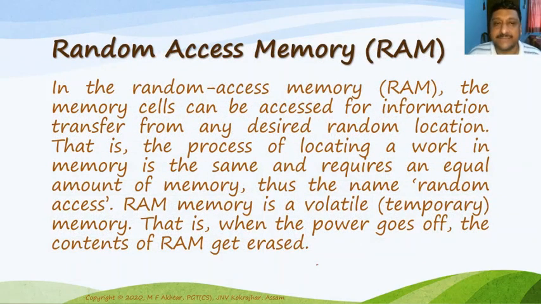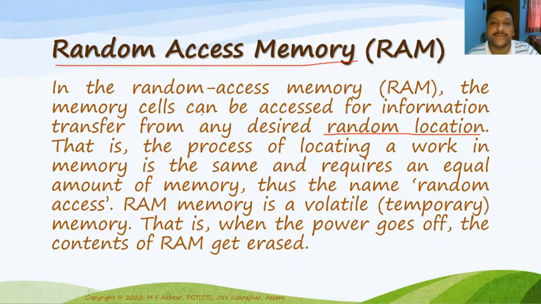Now come to random access memory. This is primary memory. In the random access memory, RAM, the memory cells can be accessed for information transfer from any desired random location. Why is it known as random access memory? Because we can access data from any location of the RAM in random order. Accessing any information from any part of the RAM requires the same time.